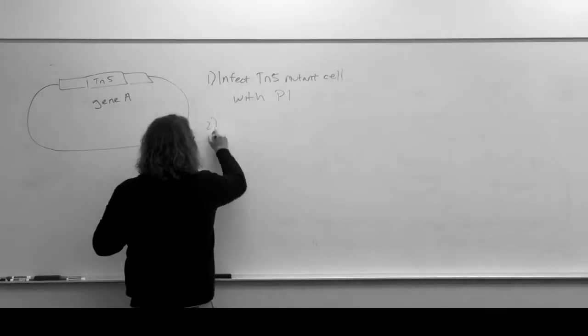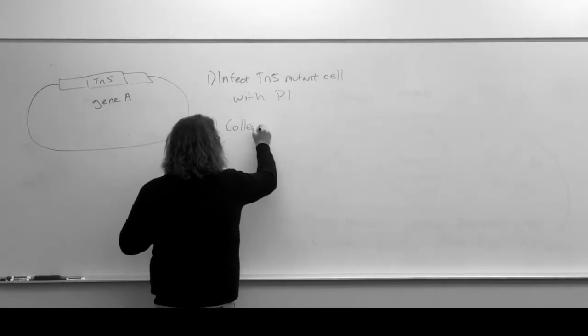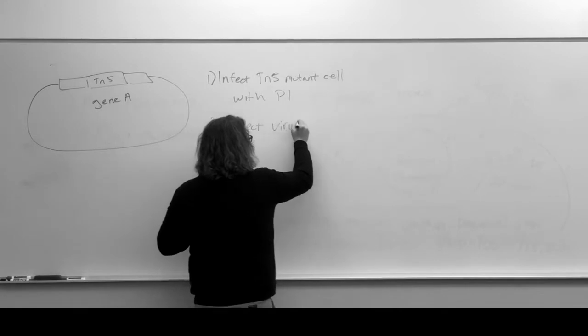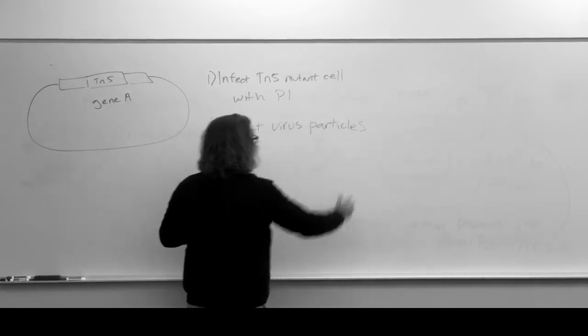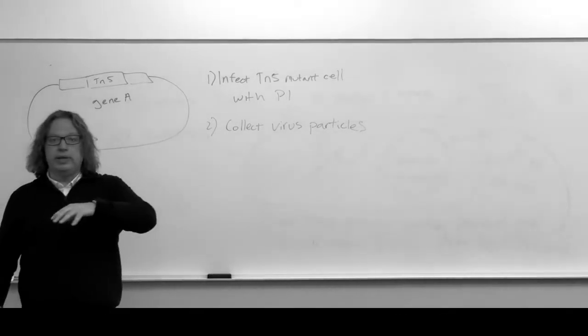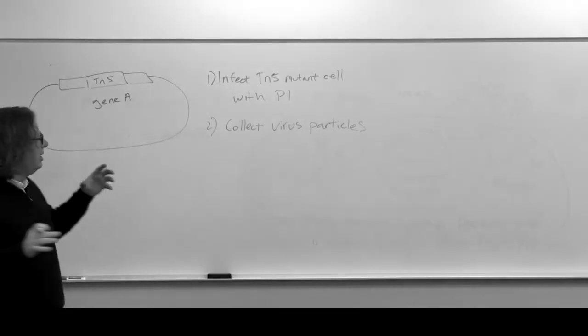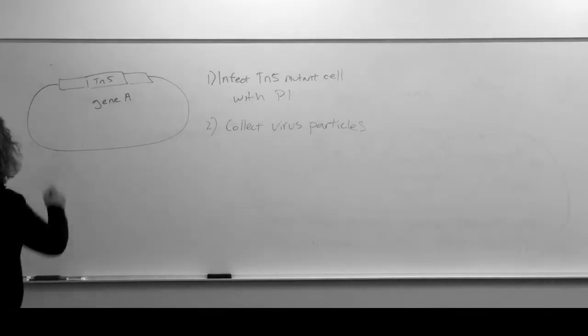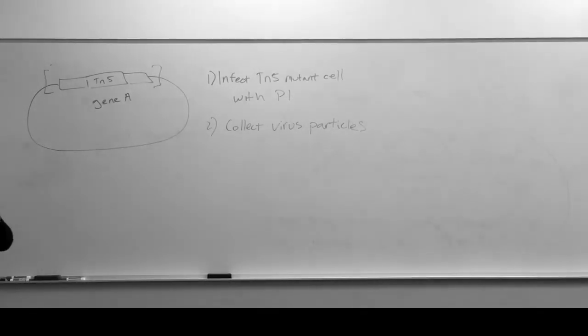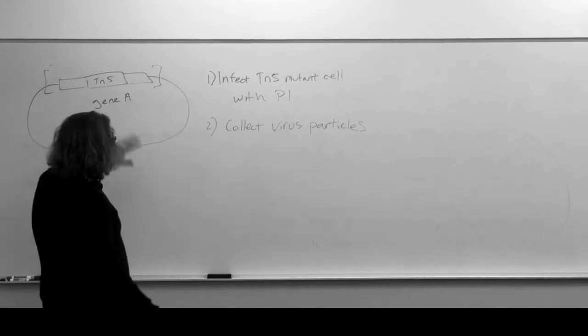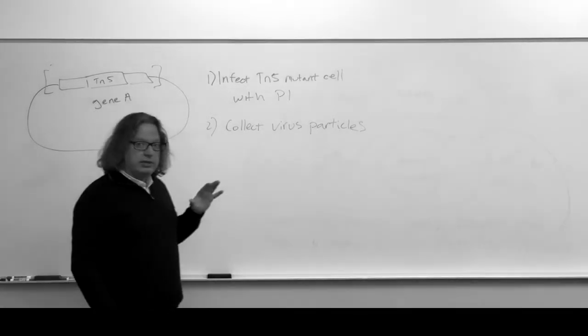Then we can collect virus particles. So we have the phage going in, packaging its own DNA, and then every once in a while it's going to package a fragment of DNA that contains TN5 and this disruption of the gene of interest.